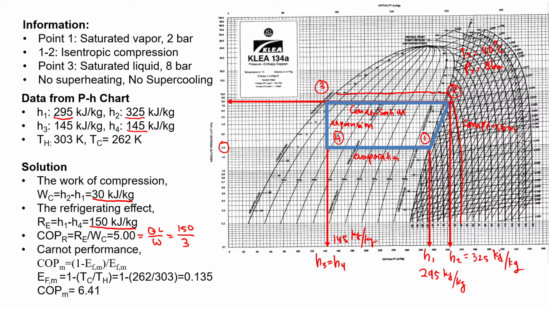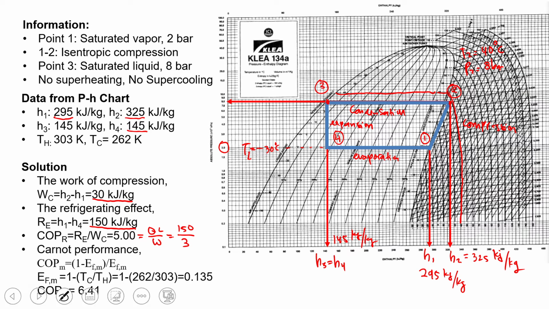The temperature here is minus 30 degrees Celsius. This is TL, and TH is somewhere here. So if you look, that will be more or less the same as the one before.